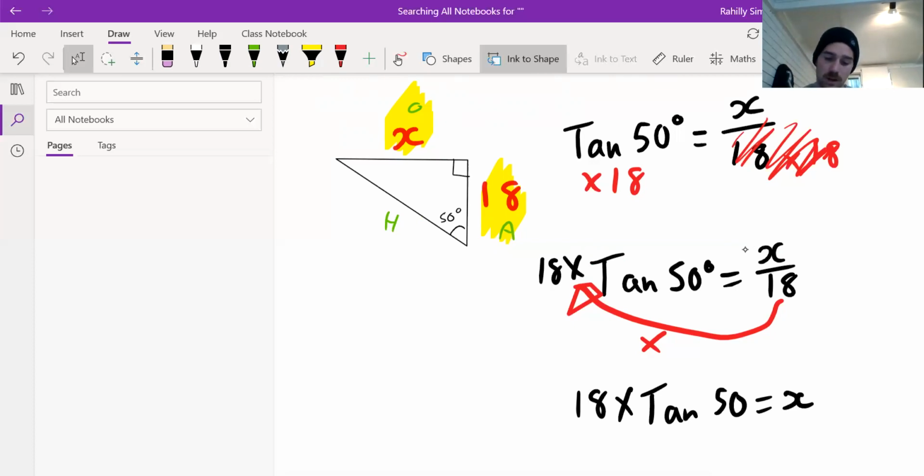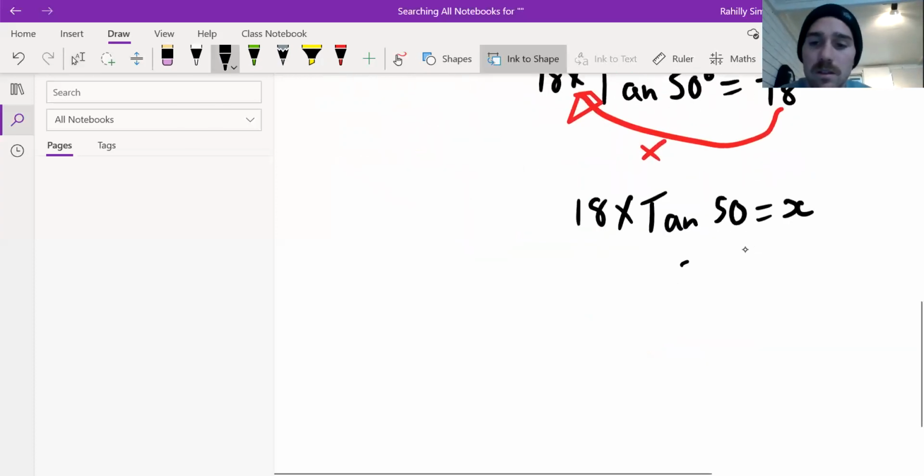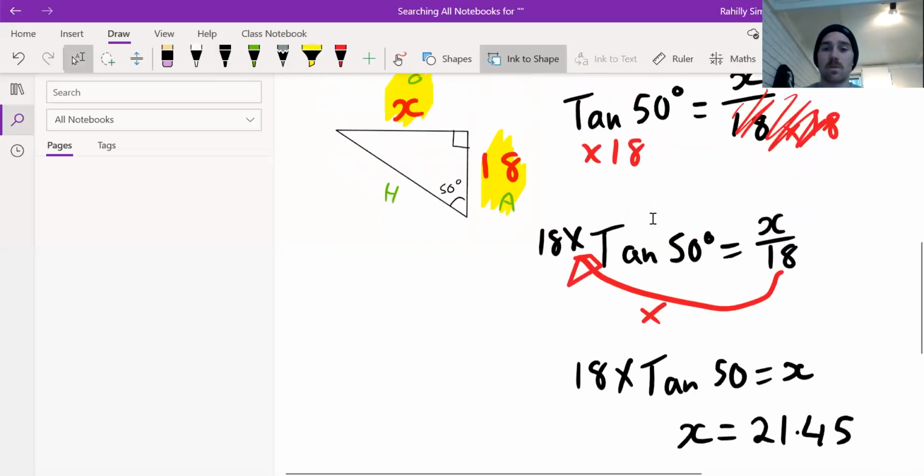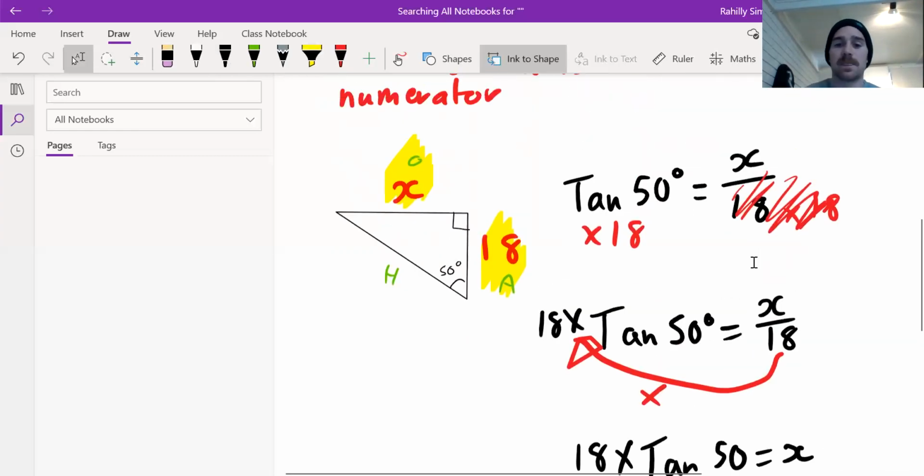All you have to do on your green calculator is put that in. So 18 times, you press the tan button, tan 50, press equals. So x ends up equaling 21.45.